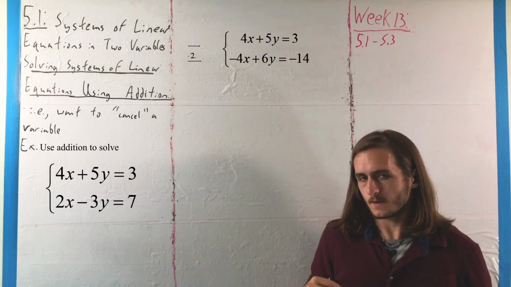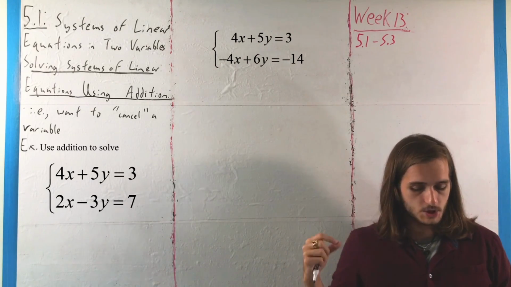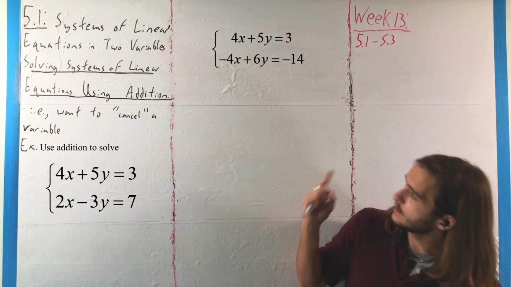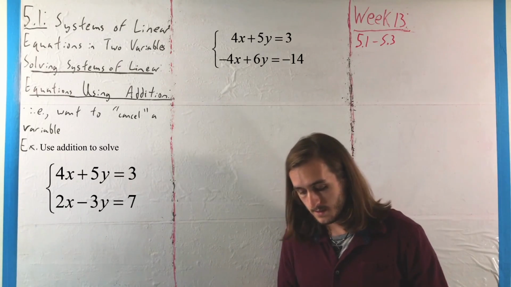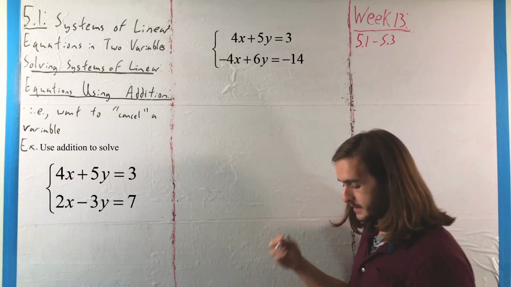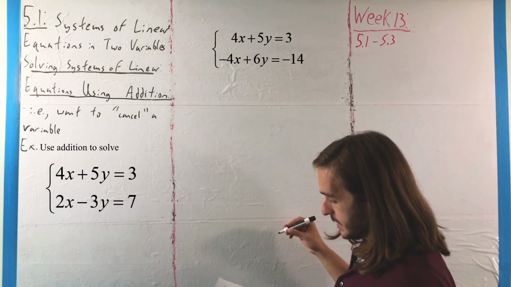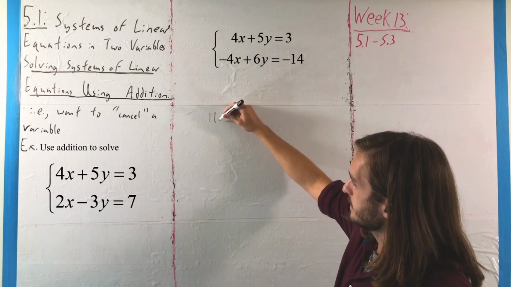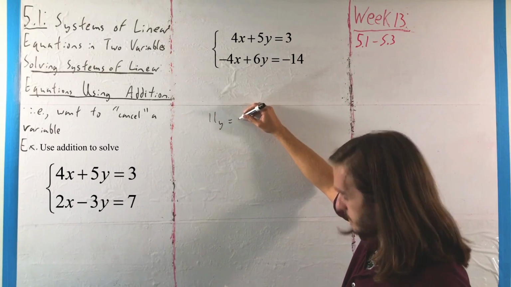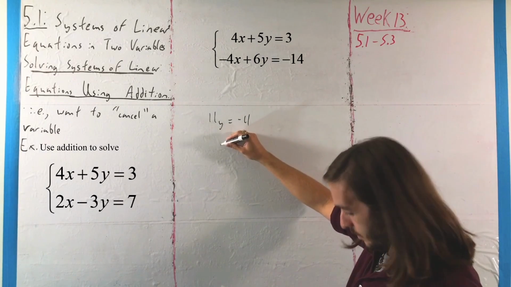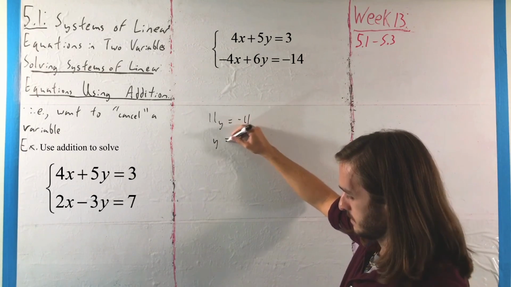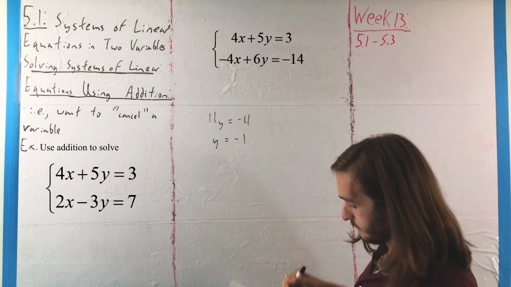But in particular, the x coefficients would match up. So if we were to add the two equations, what we would end up with is killing those x terms and just being left with 11y = -11, or y = -1.